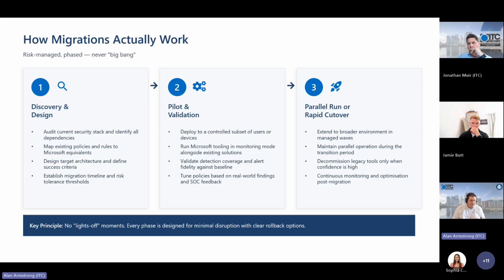Now when we do the pilot, we tend to look at just doing a deployment to a single machine. If we talk about endpoint security, validate that the technology is securing the endpoint as expected, meeting our test plans, our success criteria, and then we look at doing a migration from the previous solution to Defender solutions to validate that migration.